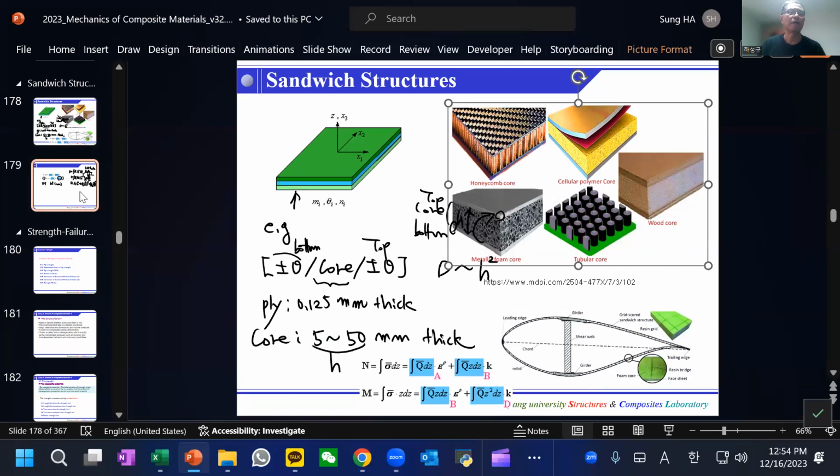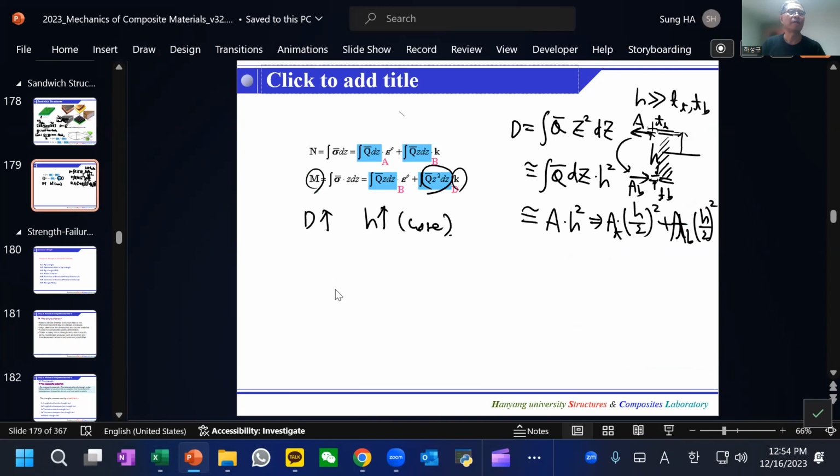Okay, so let's take a look and now try to run the CLT. Again, the detailed equations and derivation you can do step by step. But the more important point is that you understand the concept. And sometimes you may be confused by the effect of a core. This is a core, this is the composites, and this is a core.